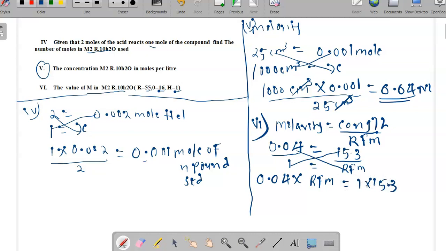So you divide both sides by 0.04. Therefore, RFM is equal to 383. When you get the RFM 383, then you take the whole compound, which is M2R with 10 molecules of water.